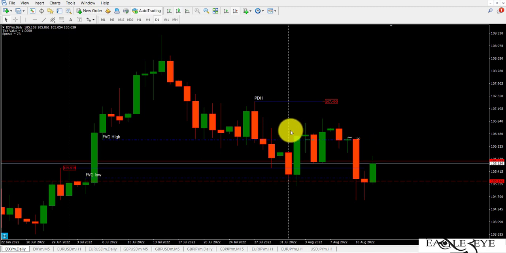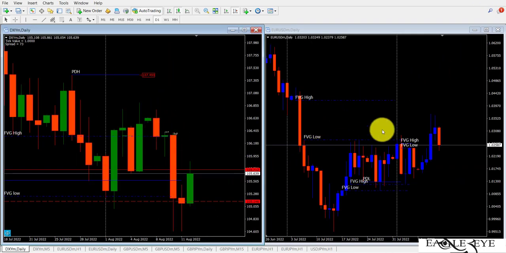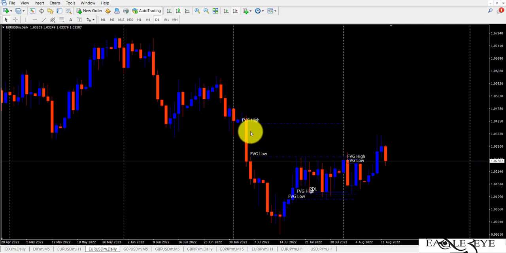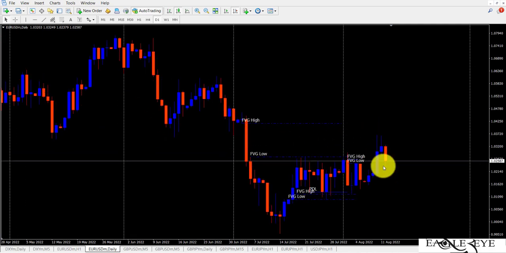So that is it for the review. Not much expectation. I just want to see how price trades on Monday. Then from there you can follow suit. All right, so with that said, we see the USD also running into this particular fair value gap right here, and then we're having that particular retracement.